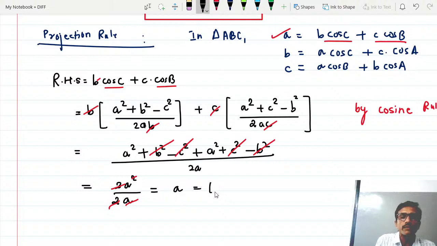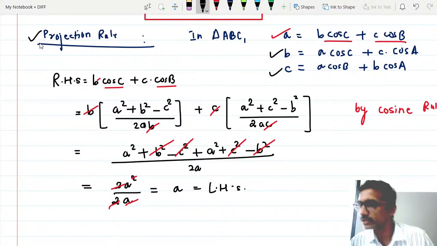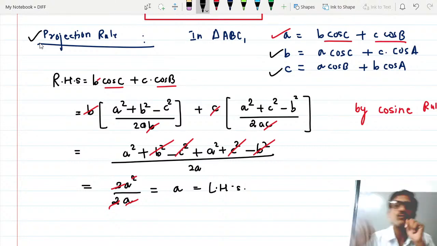This is the LHS, so we have proved b cos C plus c cos B equal to a. Similarly, you can prove a cos C plus c cos A equals b, and a cos B plus b cos A equal to c. This is the projection rule. Now, very good.